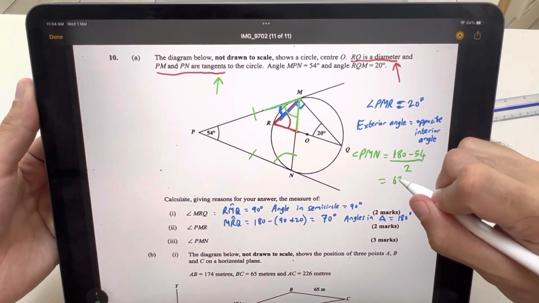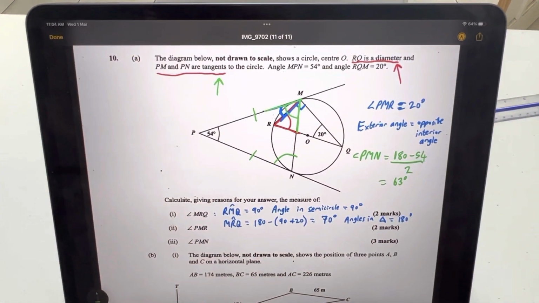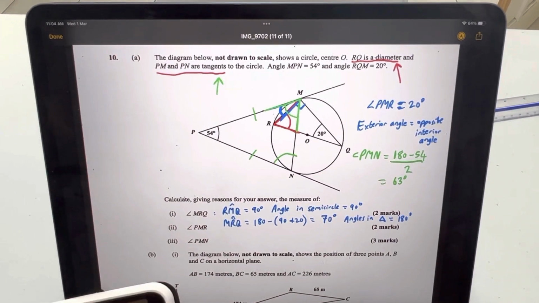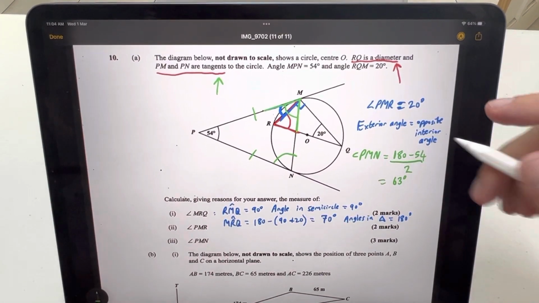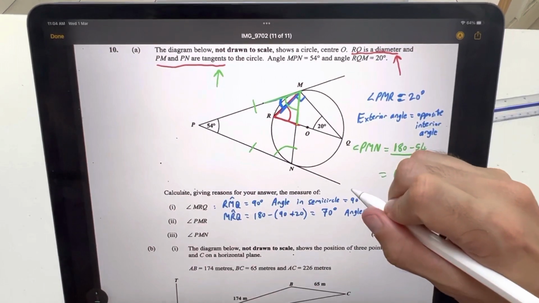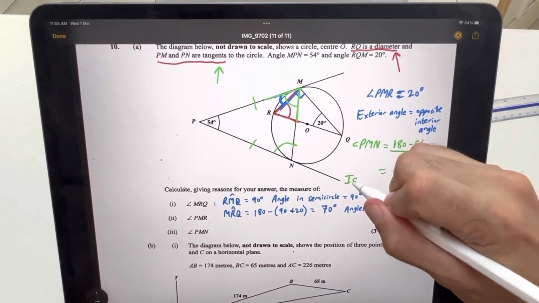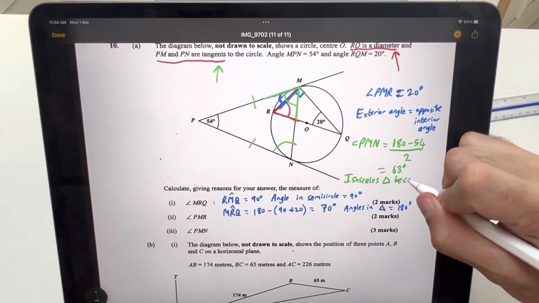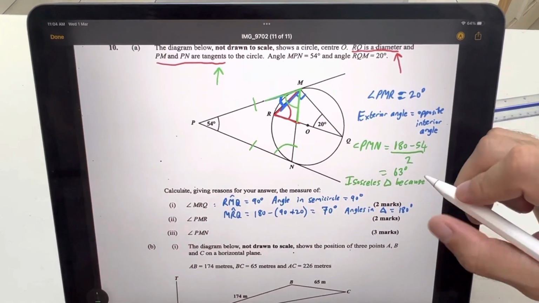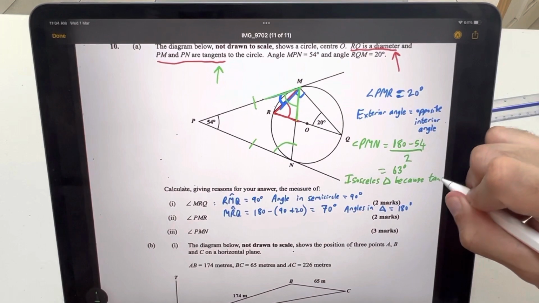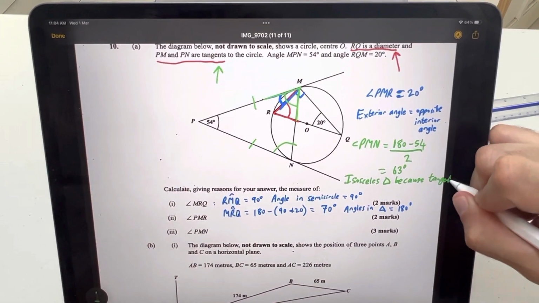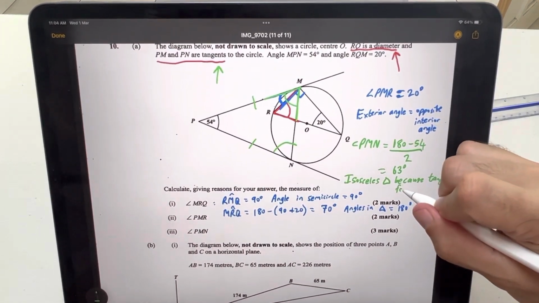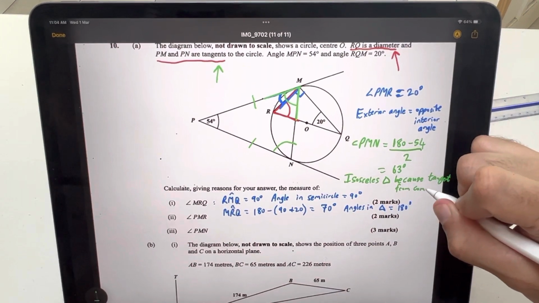And we work this out, we should get, I believe it's 63 degrees. Right, and the reason is it's an isosceles triangle because tangents from a common point are equal.